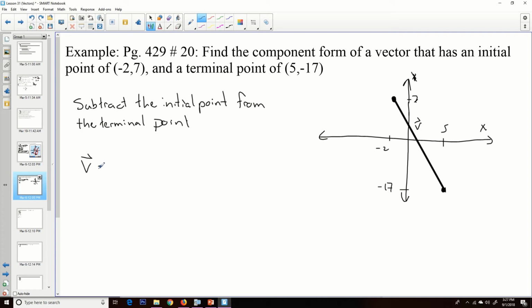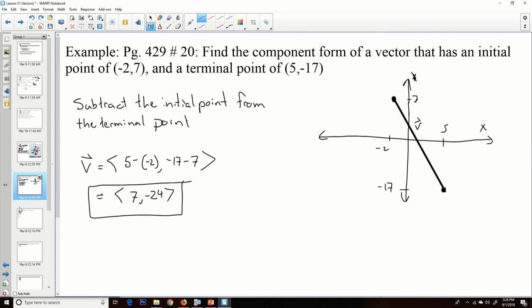Vector v in component form is going to be 5 minus negative 2, comma, negative 17 minus 7, and so my final answer is going to be 7, comma, negative 24. And so from start to finish, we go 7 to the right and down 24, and that kind of looks like what we have there. So I feel fairly confident in that.